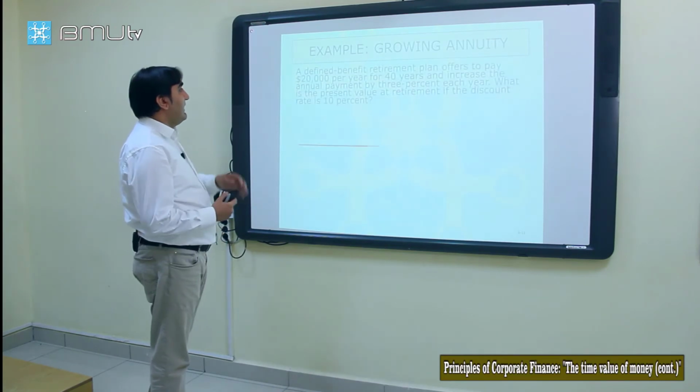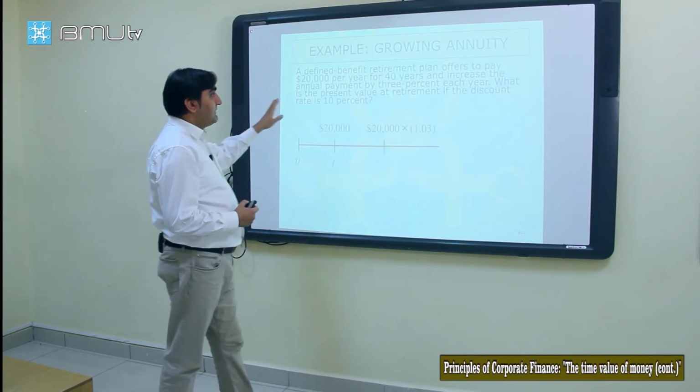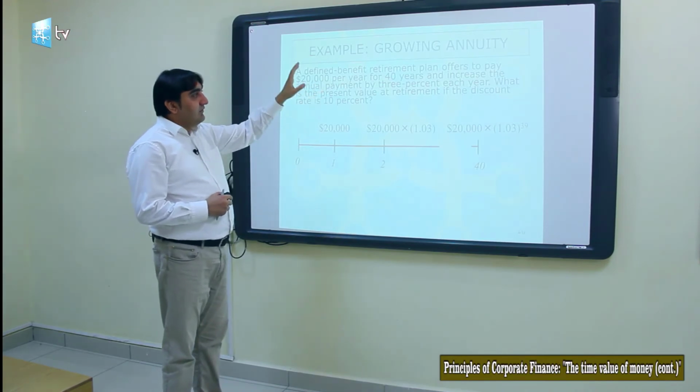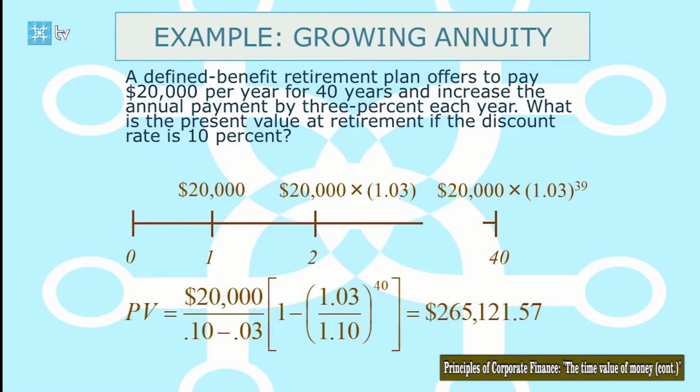Here we have an example. A defined benefit retirement plan offers to pay $20,000 per year for 40 years and increase the annual payment by 3% each year. So it starts paying you $20,000 per year, and increases it 3%. What's the present value at retirement if the discount rate is 10%?